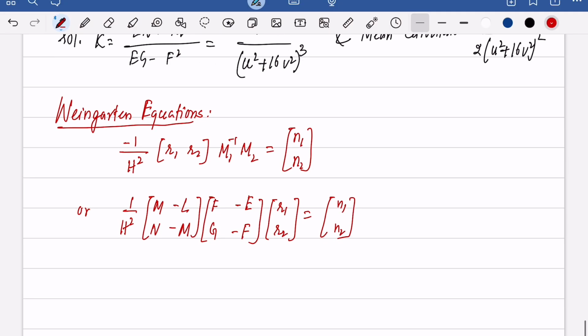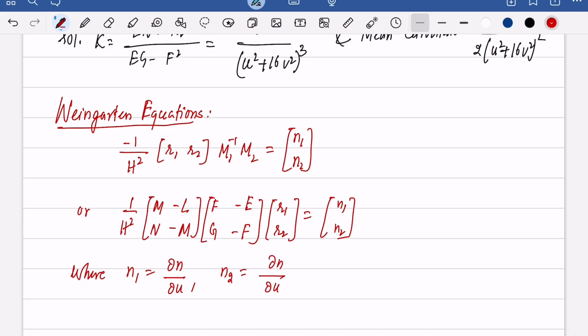Now here we have these new notations H and N1, N2, where N1 is equal to del N divided by del u, and N2 is equal to del N divided by del v. So these Weingarten equations therefore provide us the values of the first order partial derivatives of the unit normal with respect to u and v in terms of the first and the second order fundamental magnitudes, and using the first derivatives of the tangent vector at that point.